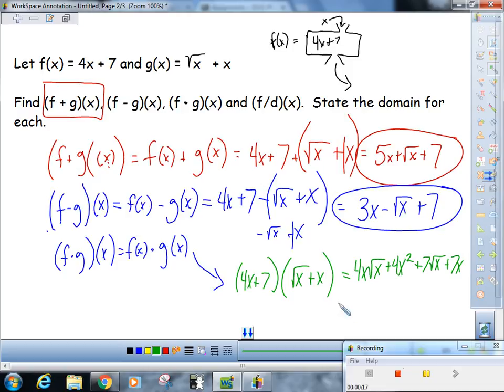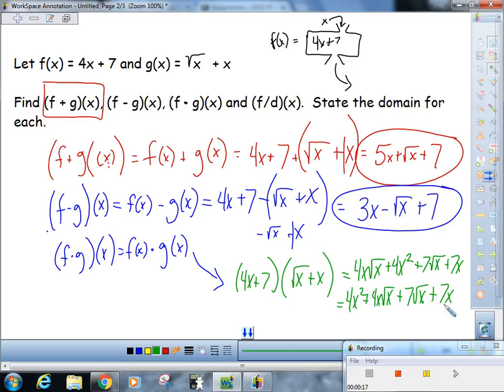So now we just have to rewrite them from highest to lowest. So 4x squared plus 4x radical x plus 7 radical x. I guess I could factor out an x. No, I can't factor out an x. Plus 7x. Okay? And we'll just leave it like that.